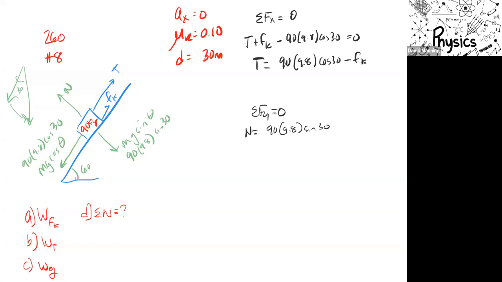And then Fk is mu k times N. So Fk is 0.1 times N. And since I don't have room, I'm not going to write that all out there. So that's 44.1 newtons. That's Fk.